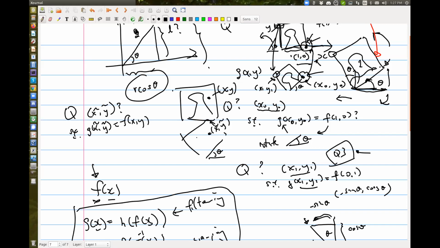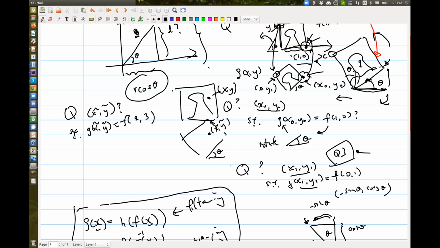Is my question clear? The question is now to go to the general case. Maybe it doesn't necessarily have to be 1 and 2, let's say 2 and 3.